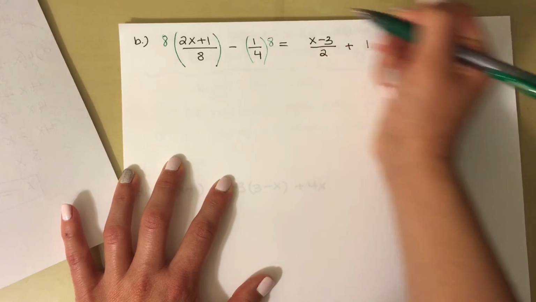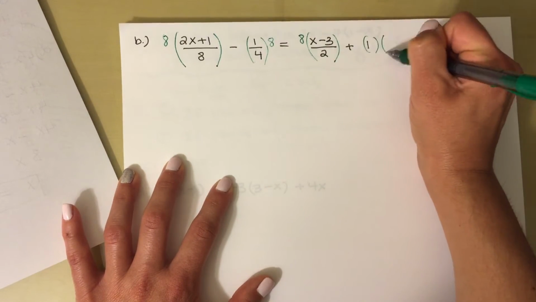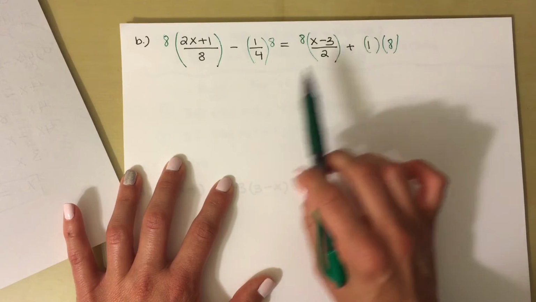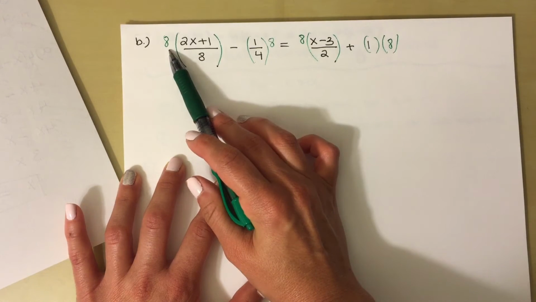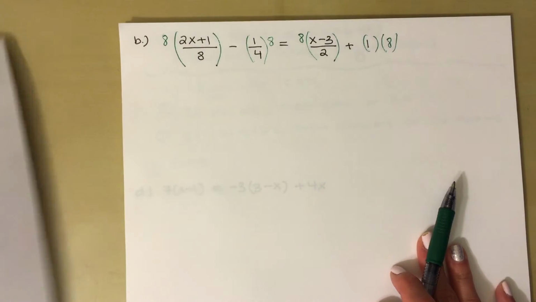And when you multiply by 8, make sure you know that 8 is actually in the numerator. Anytime you're multiplying, that number that you multiply by, it's always going to be in the numerator. So keep that in mind.